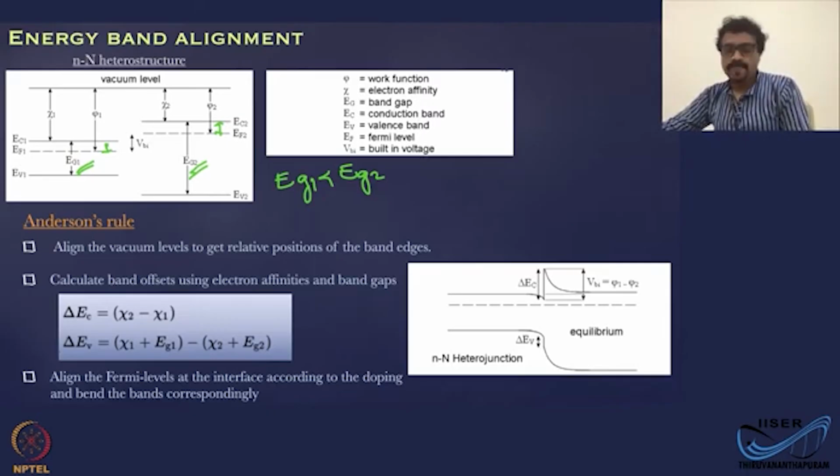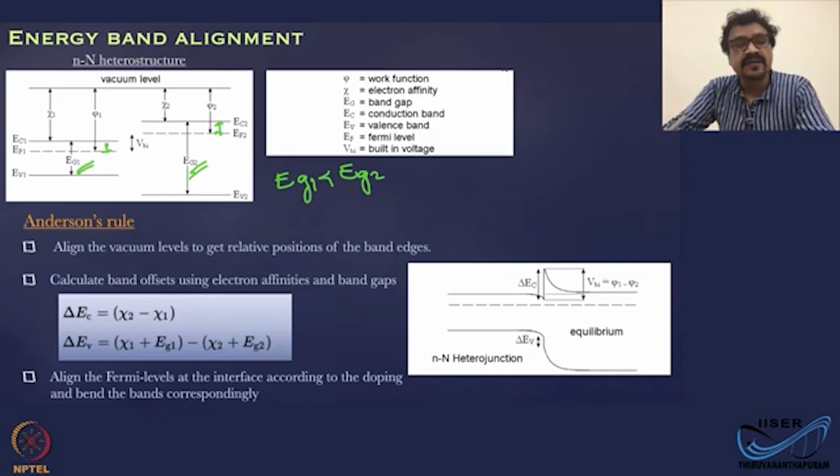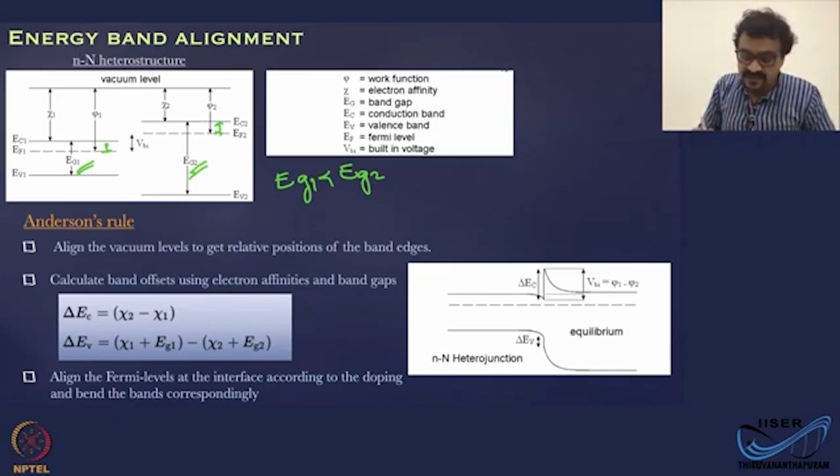And the guiding rule that tells how we are going to align two semiconducting materials in the energy space to form an interface between two, to form a junction, that is called Anderson rule.